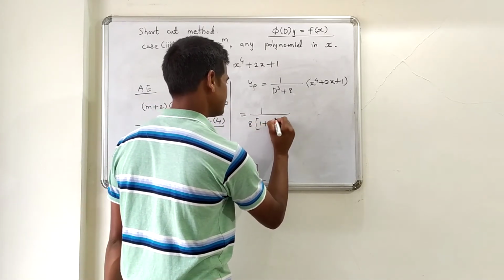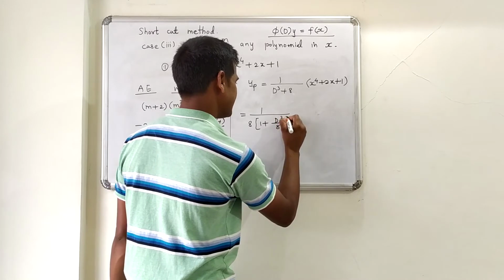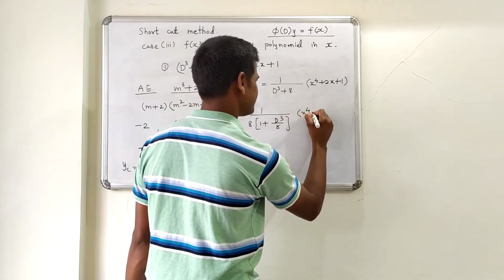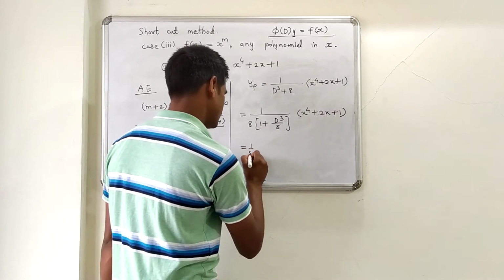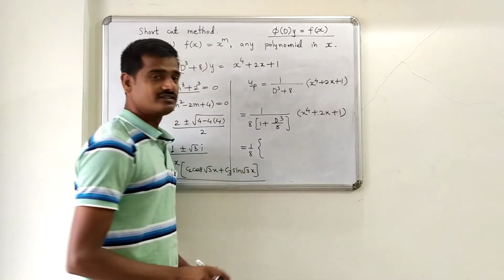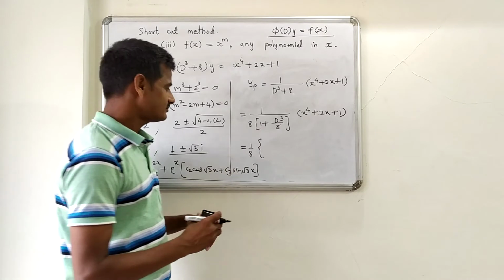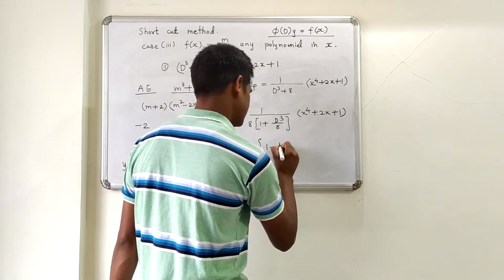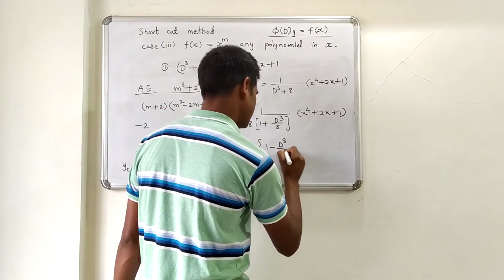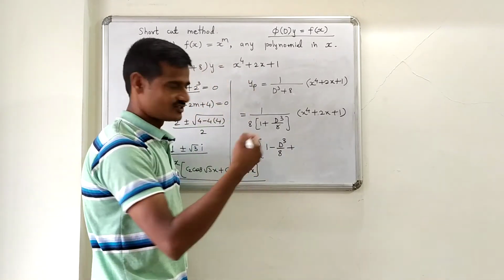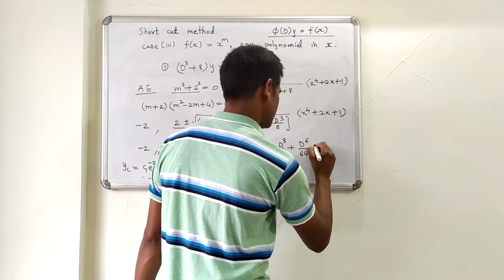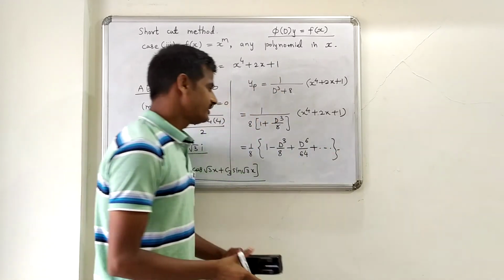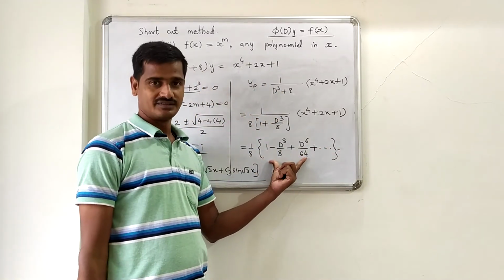So this can be written as 1 by 8 times 1 plus D cube by 8 inverse, operated on x raised to 4 plus 2x plus 1. Now what is the expansion for this? It is 1 minus x, that is D cube by 8, plus x square, that is D raised to 6 by 64.